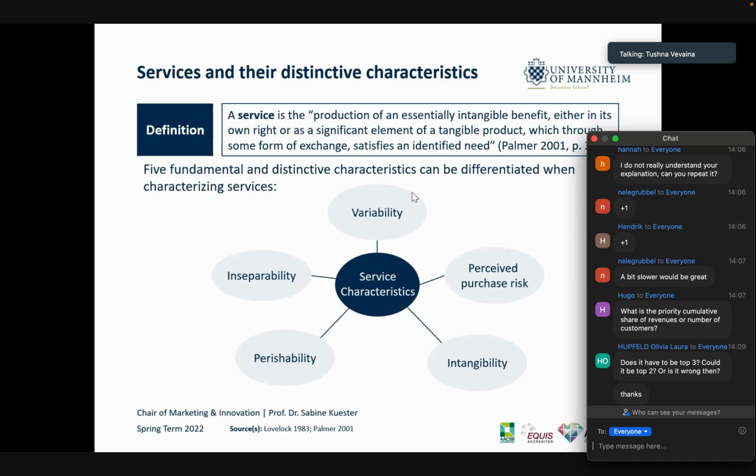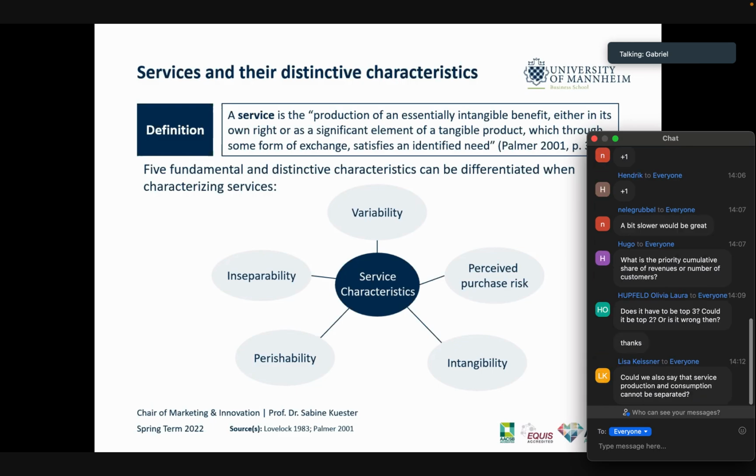I saw a few hands raised. I'll give you all the chance to now ask your questions. Yeah, I was wondering, are those characteristics from the perspective of the customer or the perspective of the company? These characteristics are from both sides.